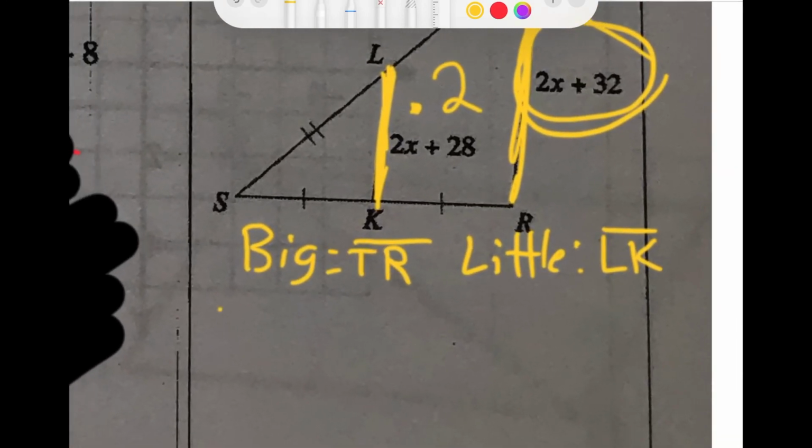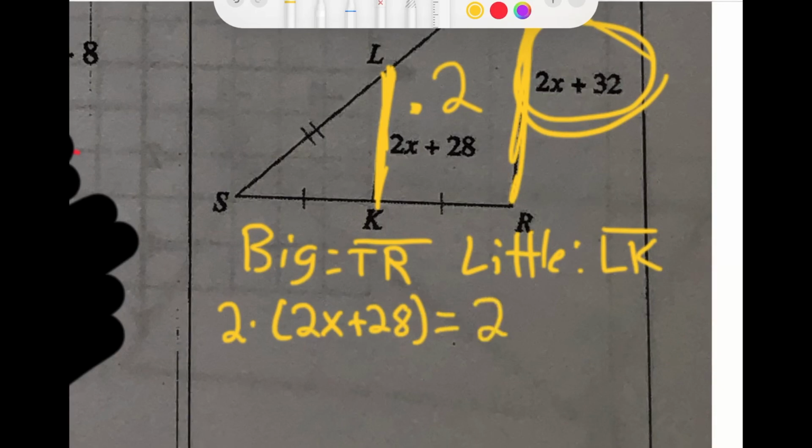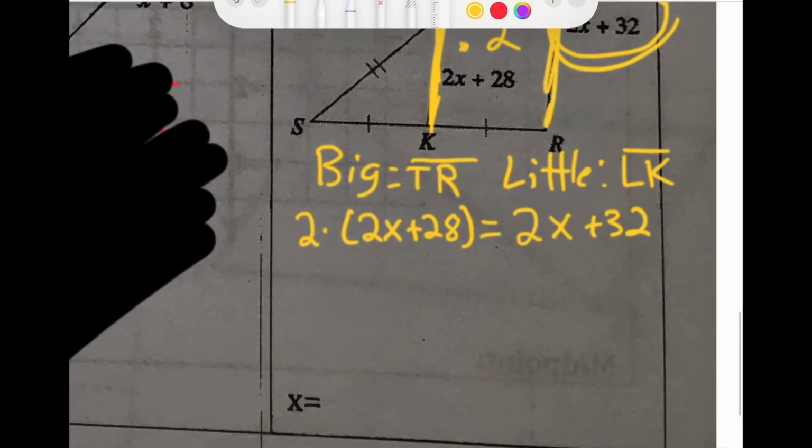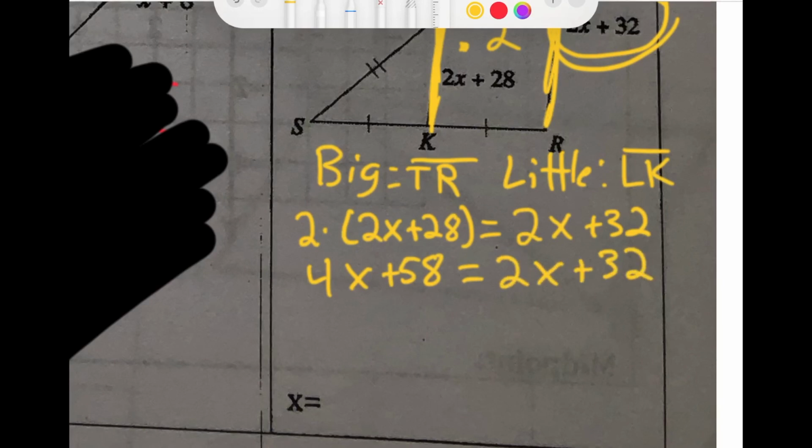So let's do that. So 2 times our small line, which is 2x plus 28. And we're going to get the same distance as our big line, so 2x plus 32. So we're going to have 4x plus 58 equals 2x plus 32.